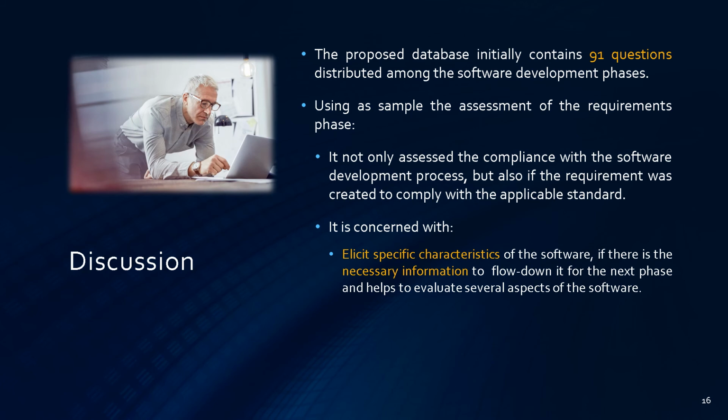However, it is also important to evaluate if all software characteristics were captured in the requirements set, if there is the necessary information to flow down the requirements for the next phase, and if the requirements capture the several aspects of a safety-critical software.